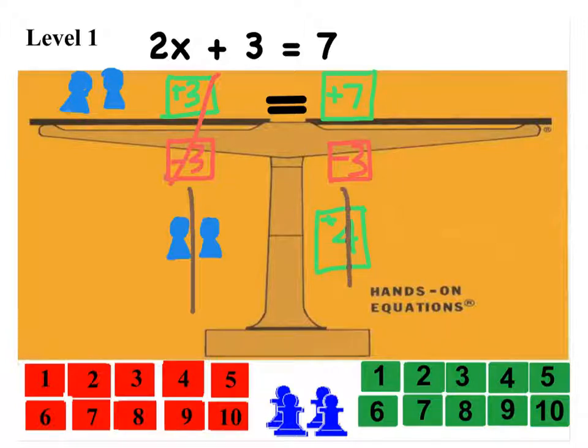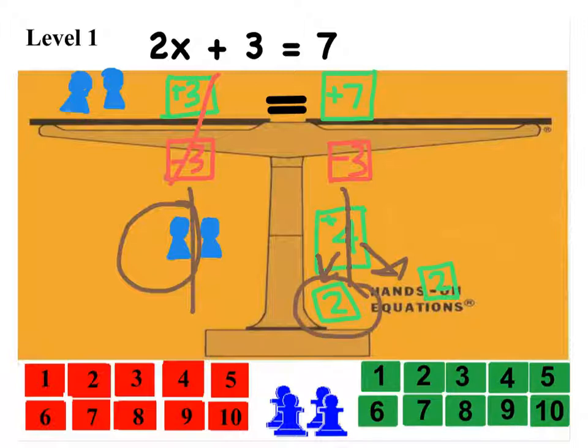Now, 4 divided into two groups becomes 2 and 2. Now, what we know is that if I divide both sides into two equal groups, then one group of one side is going to equal one group on the other side. So that tells us that x has to equal 2.